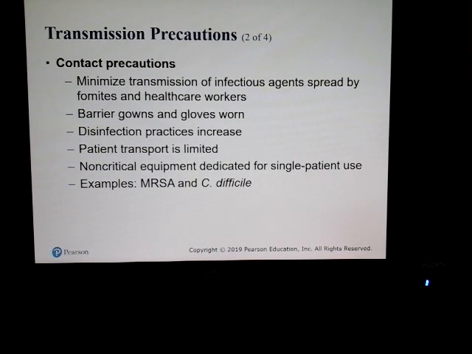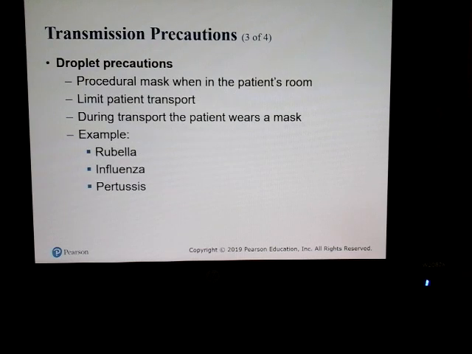So minimize transmission, barrier gowns, disinfect again, patient transport should be limited, and any kind of equipment that's used should only be used for that particular patient. Again, masks, etc.